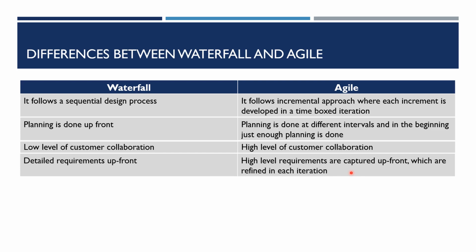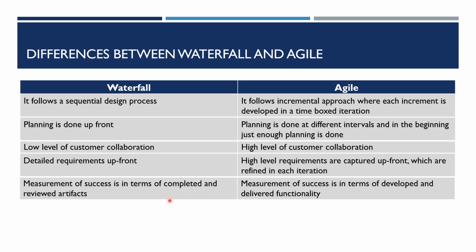Agile captures high-level requirements in the beginning, keeps refining them for the next sprint, and delivers on those requirements in the next sprint, and then just keeps detailing the requirements for the sprint after next, and so on and so forth. That's how we do it in Agile.